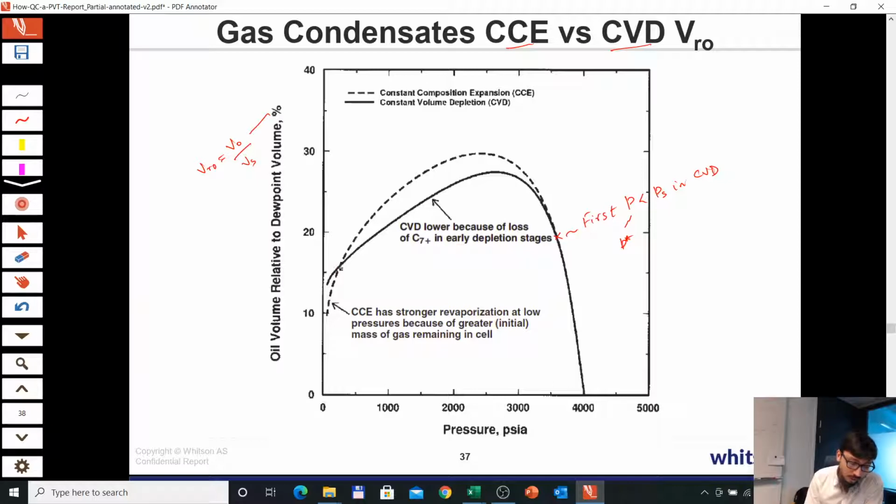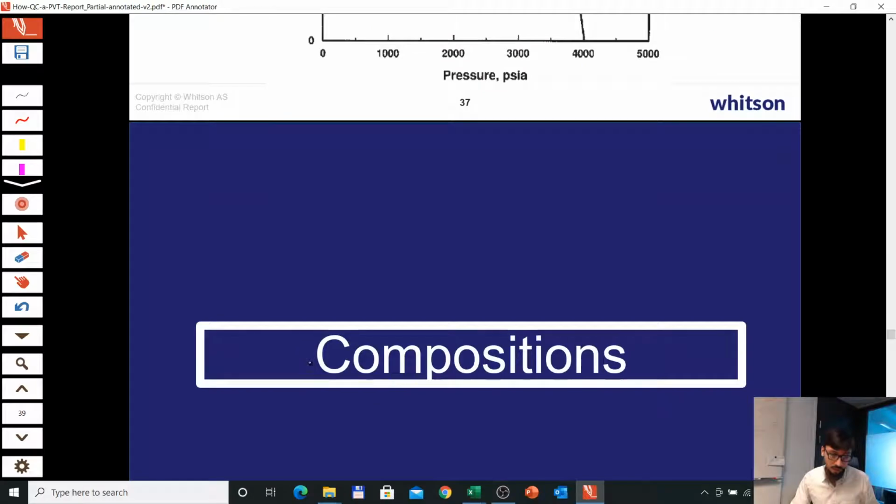That's why in the CCE experiment at low pressures, the relative oil volume starts to drop sharply compared to what we see in the CVD experiment. So that's just a general figure comparing the VRO data from the CCE and CVD tests, especially for gas condensate reservoirs. That was just a few comments on this figure.